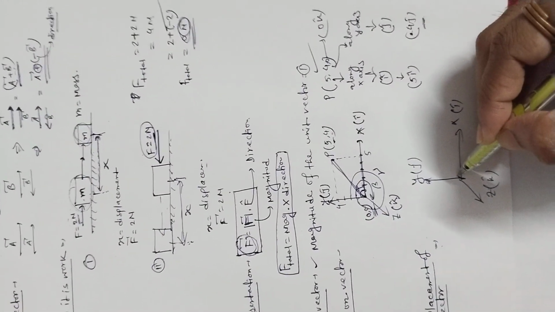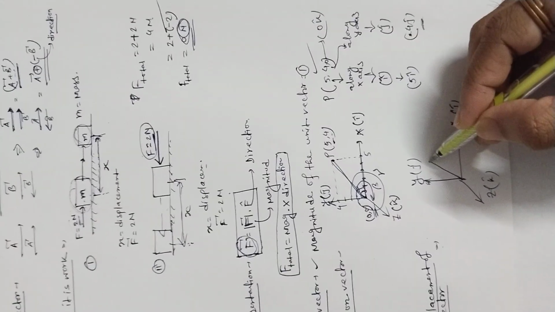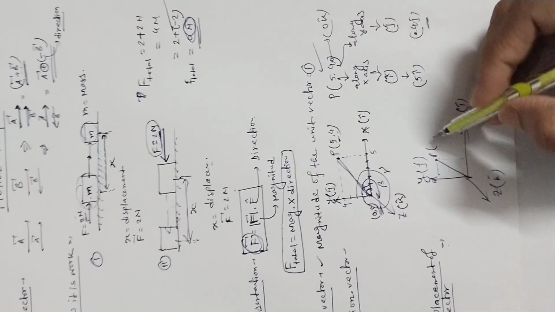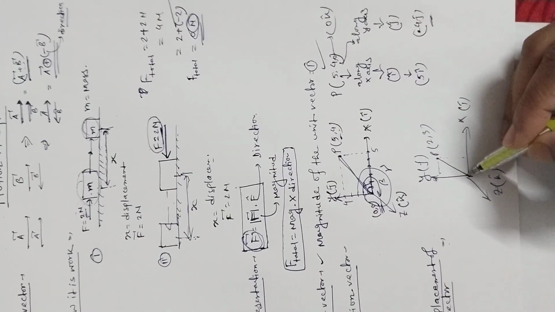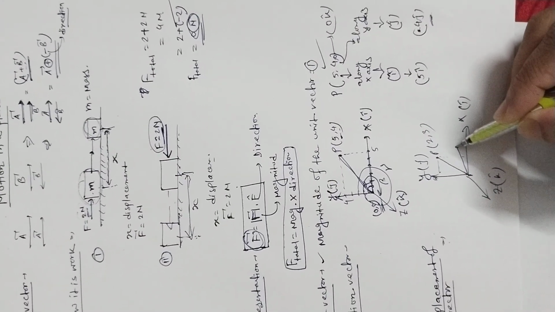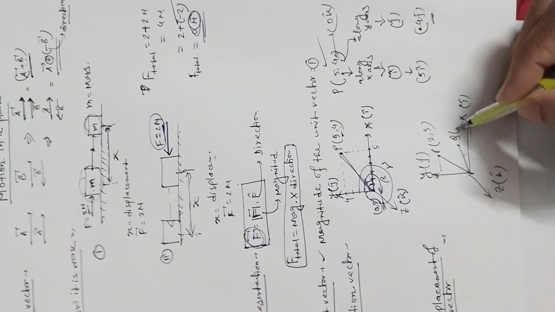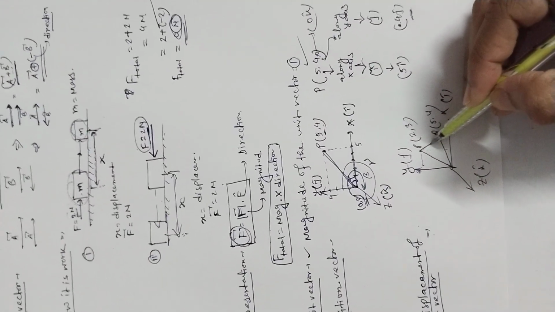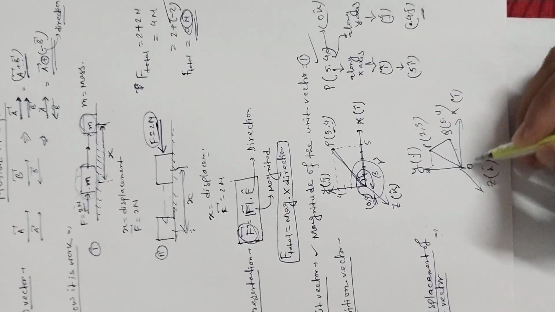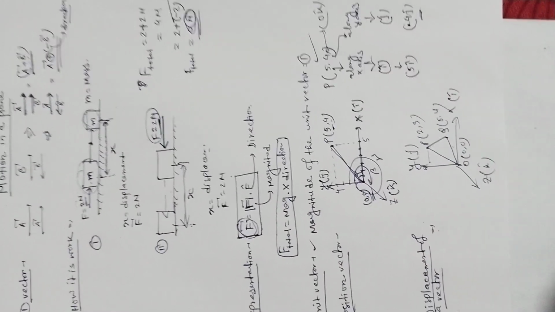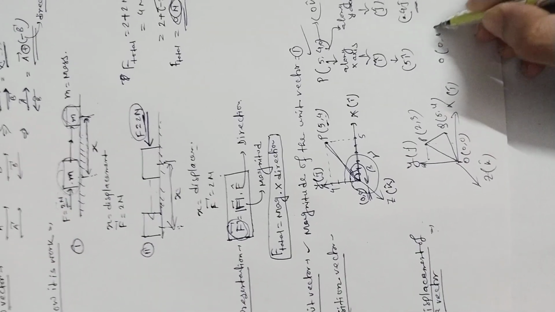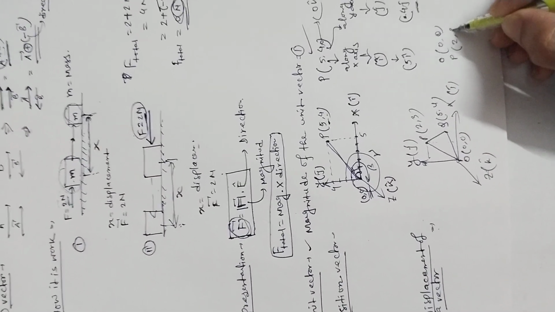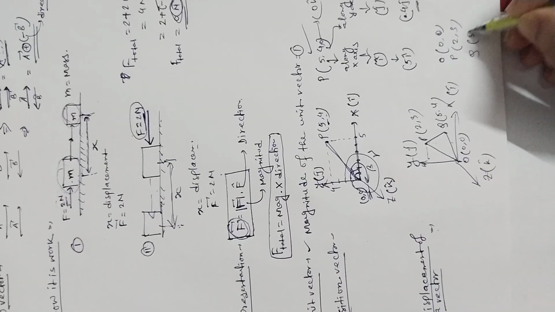I throw the particle from the point of coordinates 0 0, and the position of P, suppose 2 3, and Q is 5 4. O is 0 0, P is 2 3 and Q is 5 4.